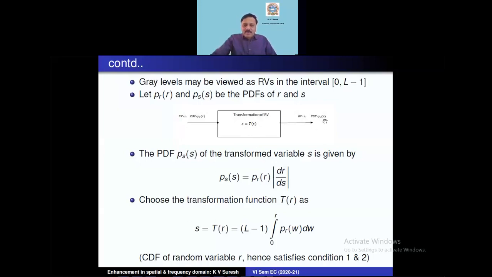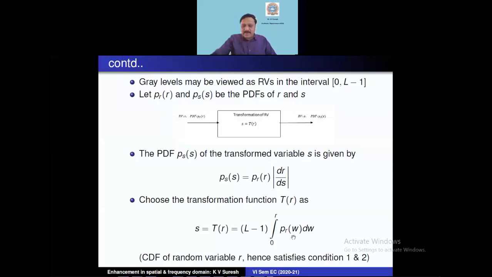Now, if I want the output PDF to be uniform, I need to choose a transformation function, and if that transformation function is chosen to be a function like this, then the output PDF will be uniform. Now carefully look at this equation.